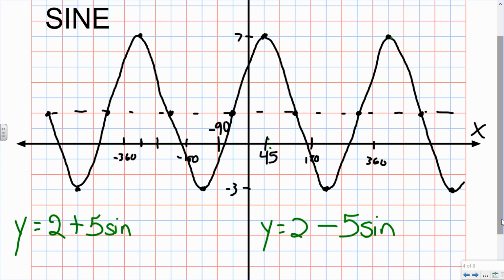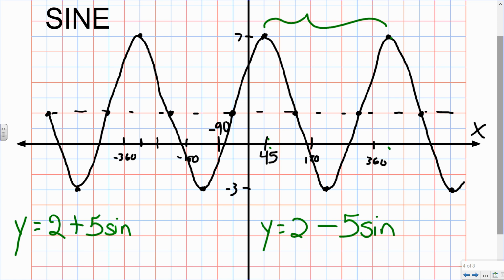Okay, we need to figure out, do we need to change the period or is it the normal period? So I look at that and I know this max is 45 and I don't know how much this max is right over here, but I could probably figure it out, right? But I do know, let's see, what is labeled on this thing?